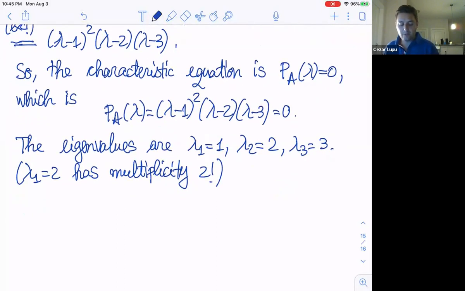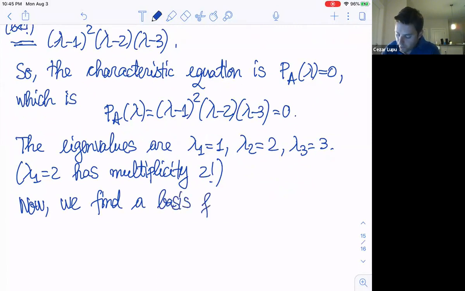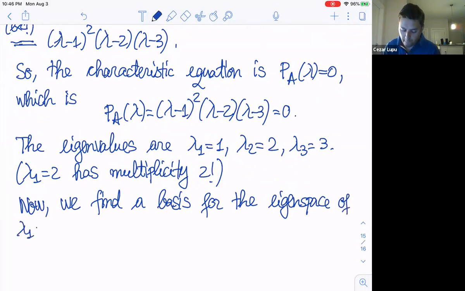And now we need to find a basis for the eigenspace of lambda 1 equals 1.